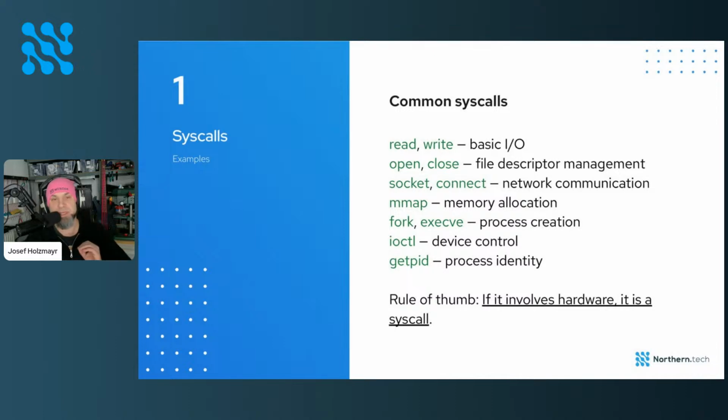The rule of thumb is whenever something touches hardware, even if it is just storage or RAM or whatever, or needs to do something which is outside the scope of your own application, and this might be the PID, for example, because this is only visible to the operating system, technically, then it is a syscall at some point in time. And as Michael points out, syscalls have a lot of other cool features.